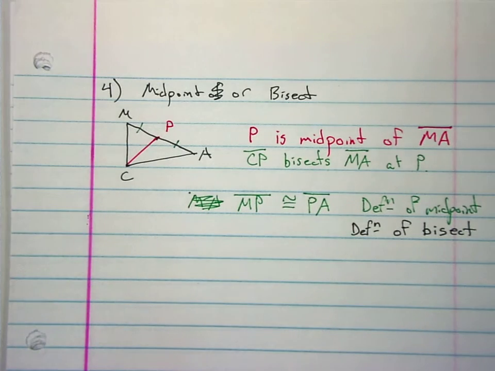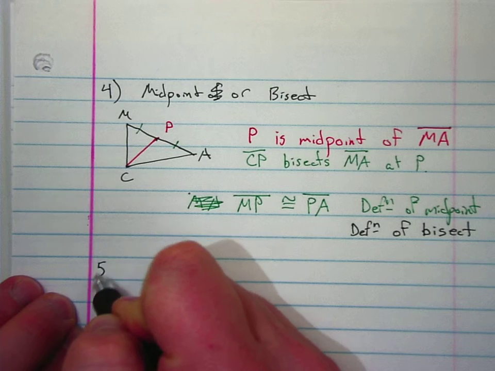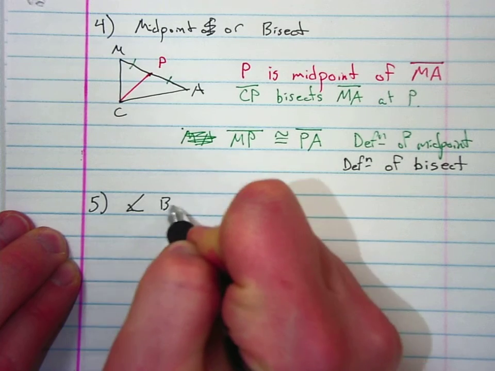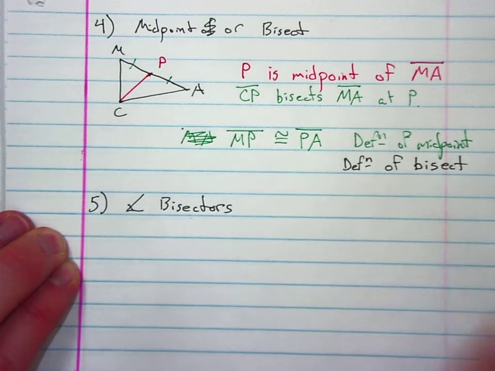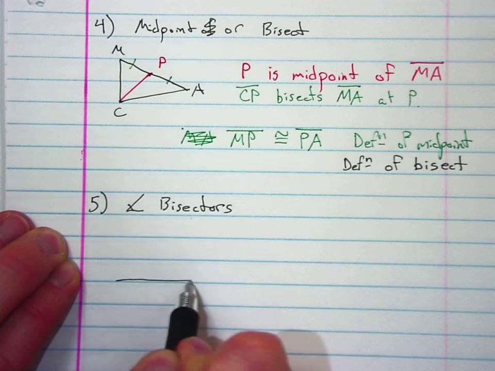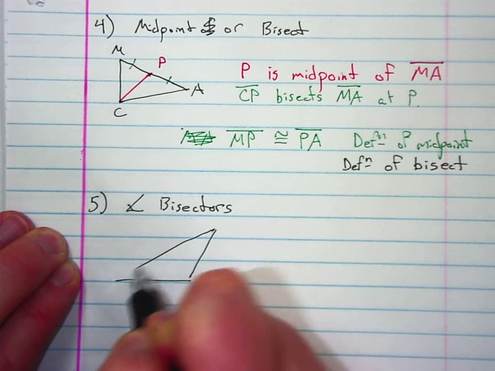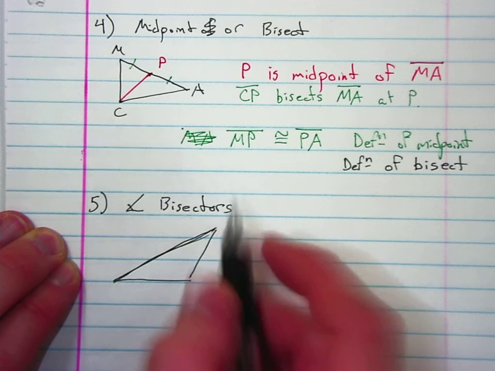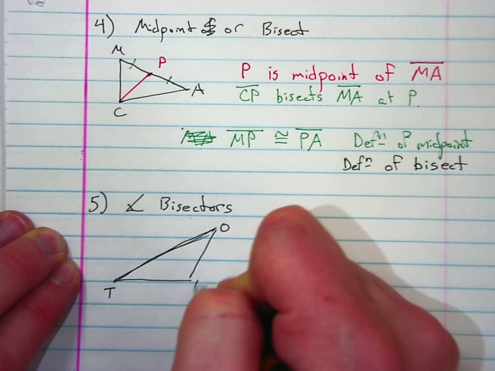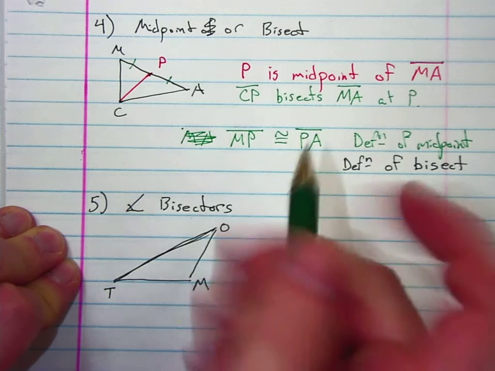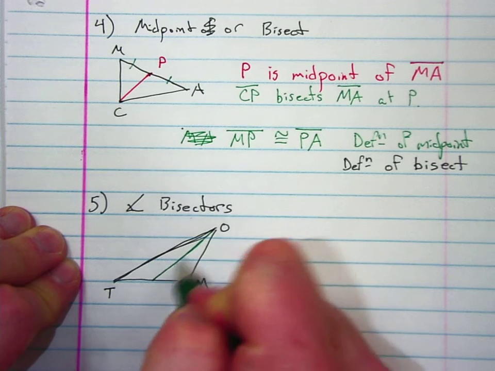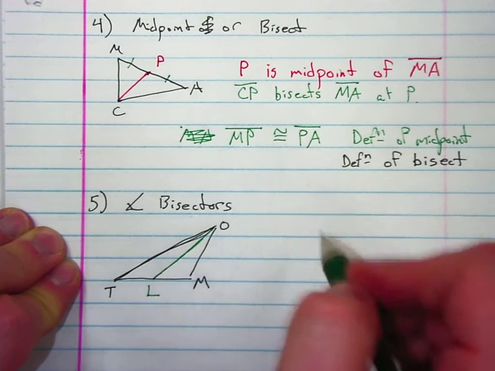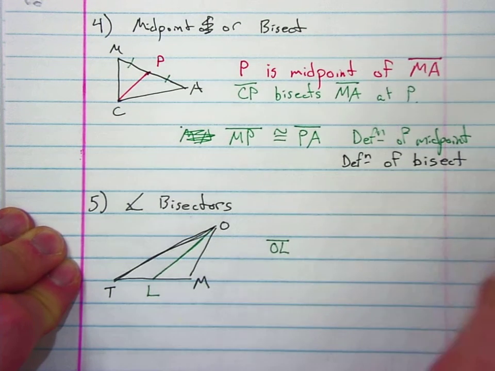Well, you can also talk about, not as a midpoint, but we do talk about angle bisectors. So if I have a triangle, let's do an obtuse triangle just for funsies. And we will do triangle TOM just for fun. And let's make this an L. So if I tell you that OL bisects, so this would be a given, right?